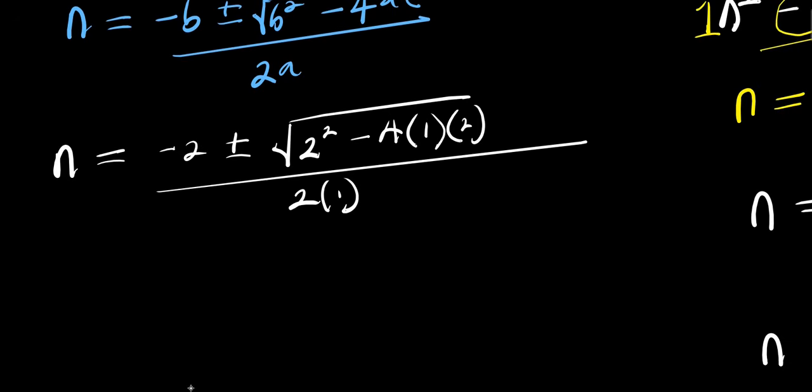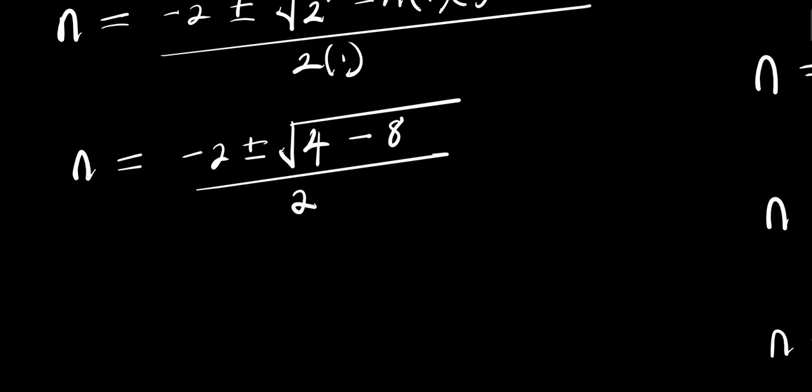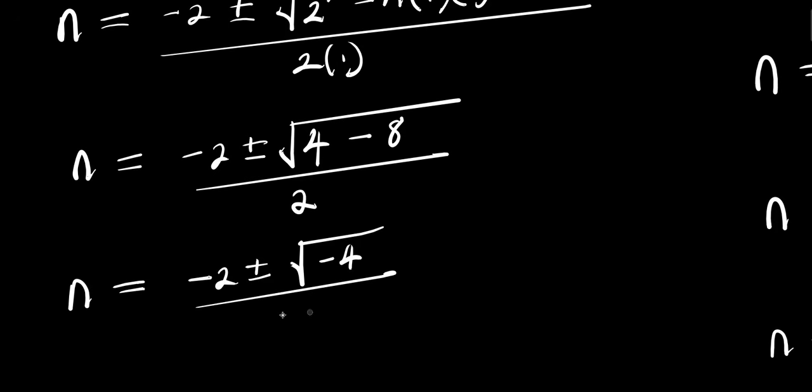So from here, we have n equals negative 2 plus or minus square root of 2 squared here is 4, minus 8, divided by 2. So from here, we have n equals negative 2 plus or minus square root of 4 minus 8 is negative 4, divided by 2.